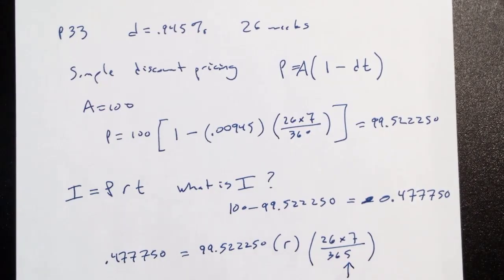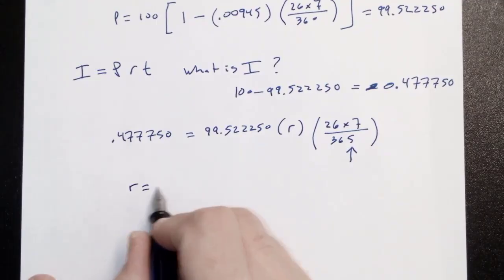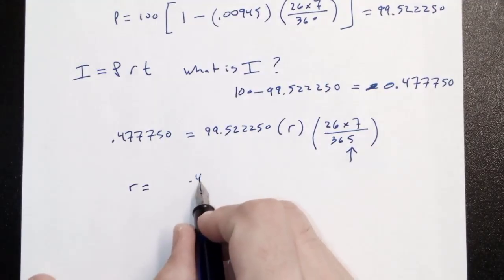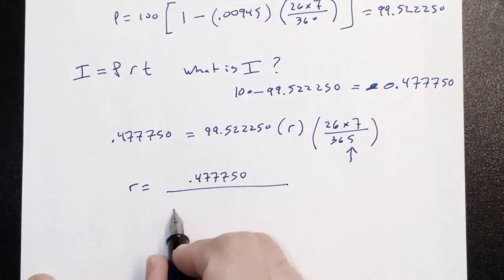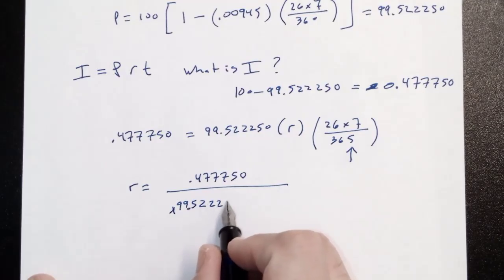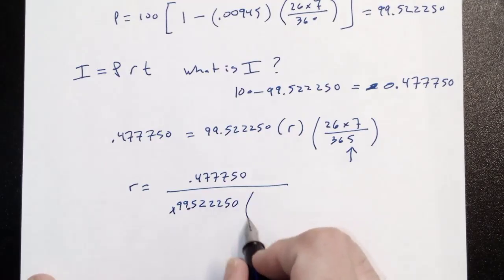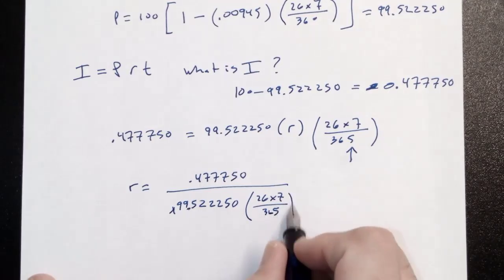Notice that's a 365-day year. So I just divide to solve for the interest rate. R is 0.47775 over 0.9952225 times 26 times 7 over 365.